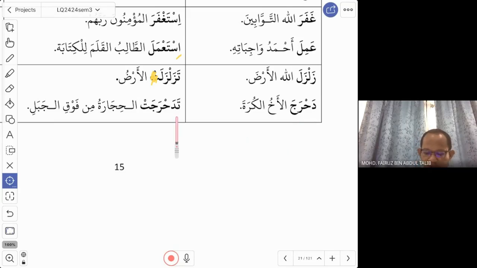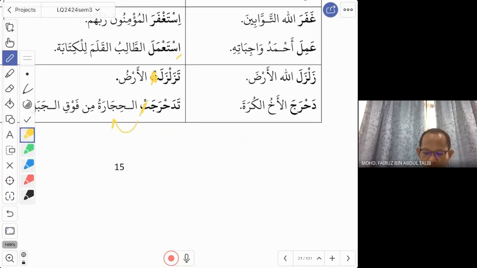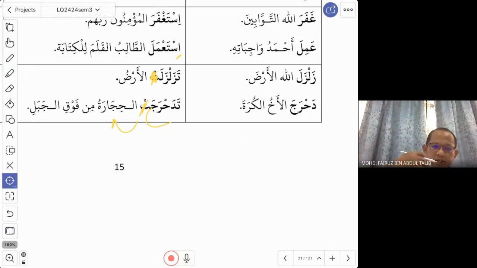Now we have tadahraja. Again, remove the last ta, because this is mu'annas. Tadahraja means rolls. So here, tadahrajatil hijara, the rock rolled from fawqil jabal, from the top of the hill. Fawq is top, and jabal is hill.